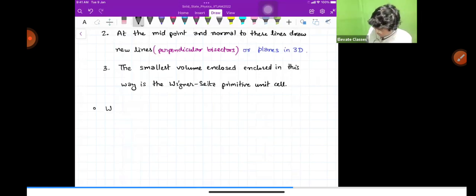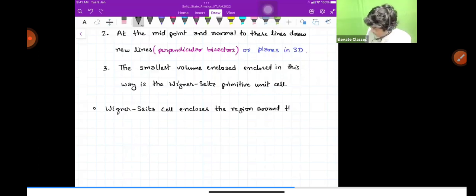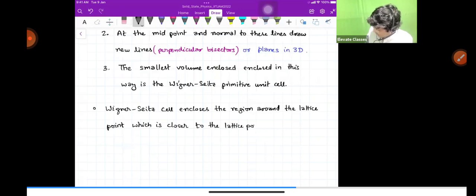The Wigner-Seitz cell encloses the region around the lattice point which is closer to the lattice point than to any other lattice points.